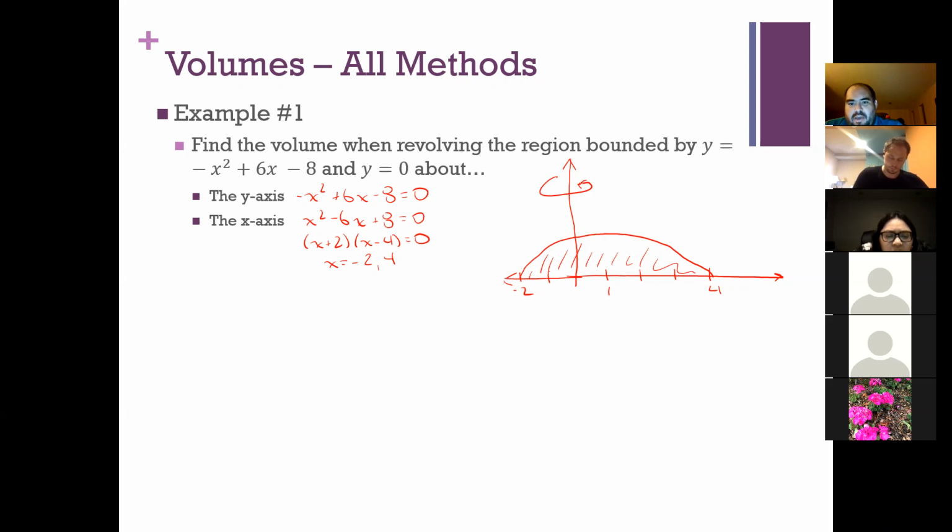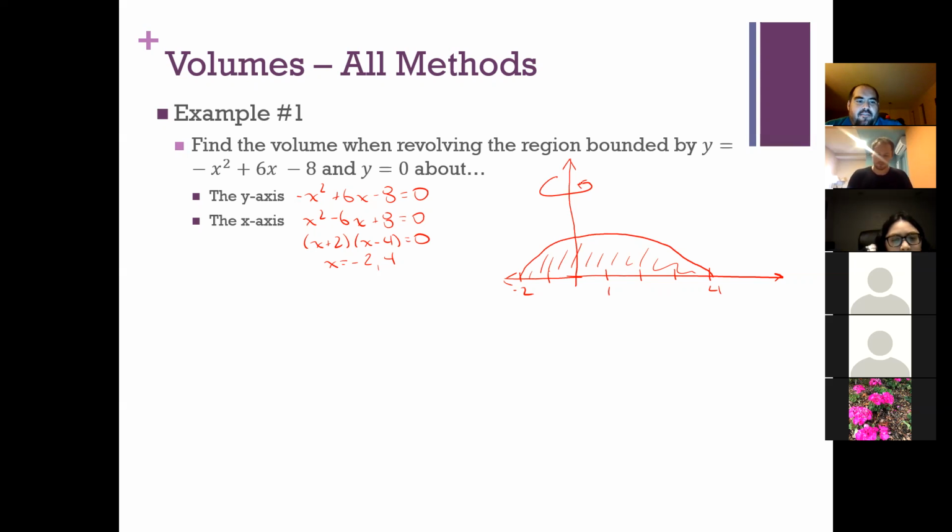If I was to do the shell method, what variable would I have to use as my independent variable? If it was shell, wouldn't it be the x? It would be the x-axis, right?